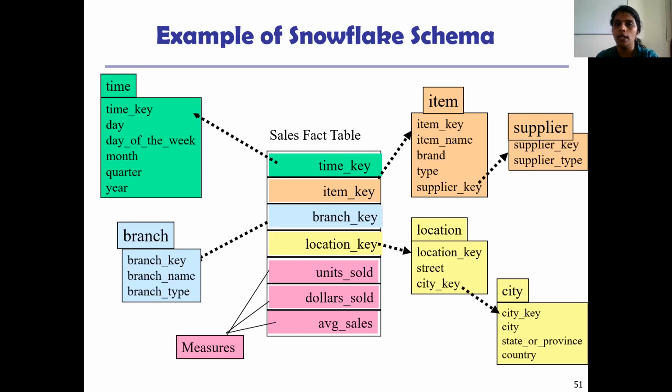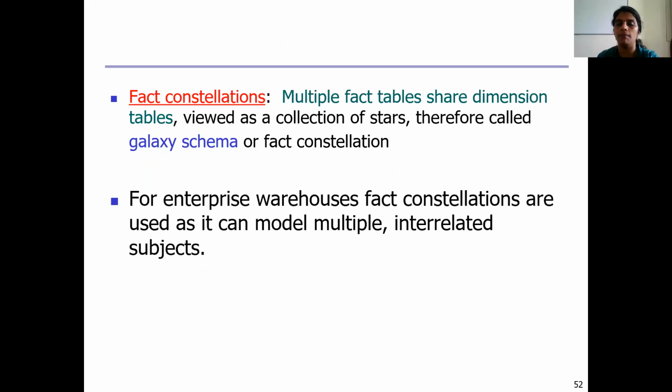Now coming to the third schema, that is fact constellations. For more complicated data warehouses, you may be having more than one fact table. Multiple fact tables share dimension tables. So it is viewed as a collection of stars. So it is also called as galaxy schema or fact constellation.